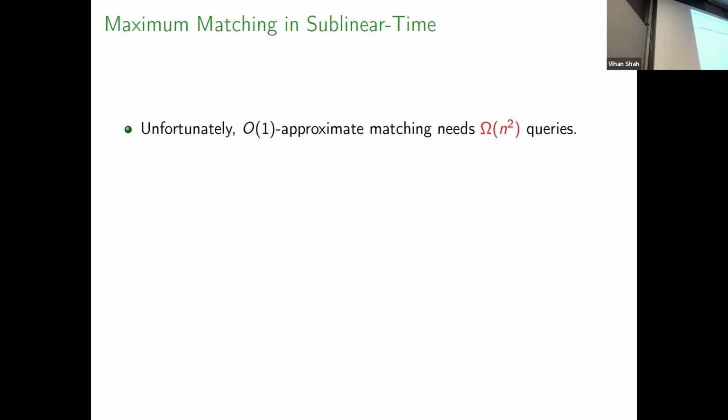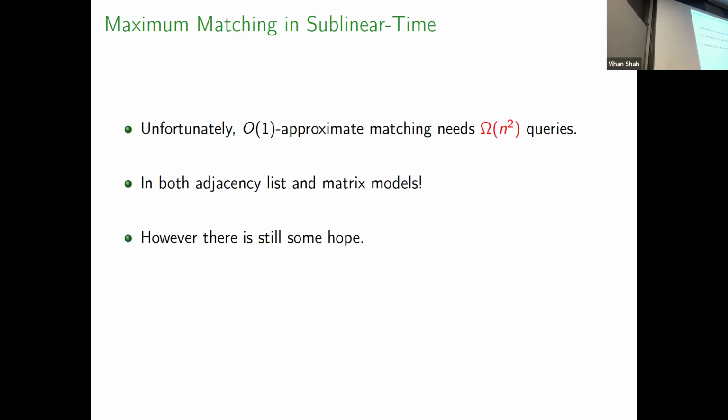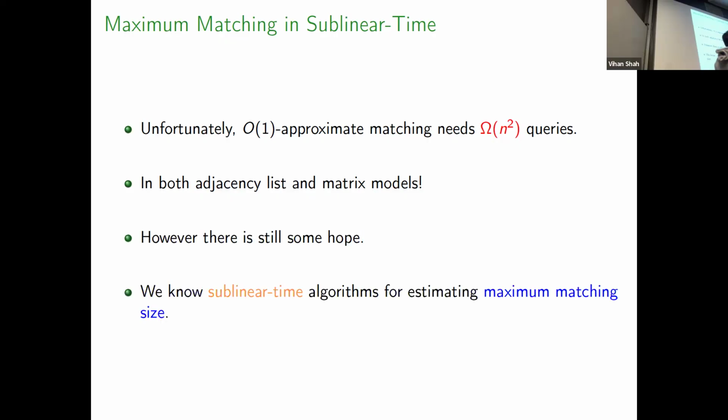And this lower bound holds in both adjacency list and matrix models, right? So you can't do much if you want to output the matching. But if you saw the title carefully, out of the 100 words, there was one word that said, oh, we're going to look at matching size. And there's some hope, which is for matching size, we can estimate the size in sublinear time.